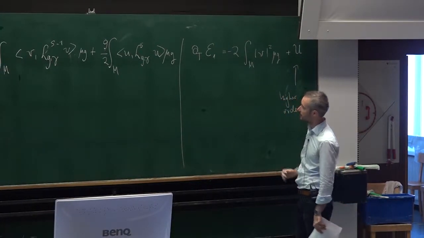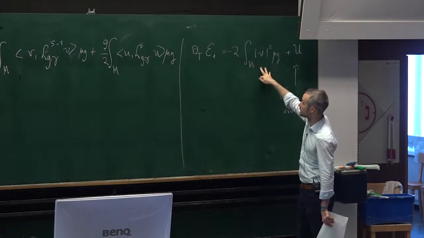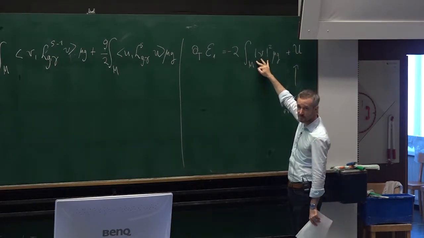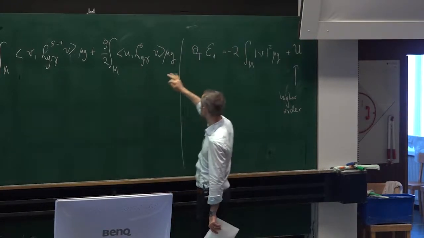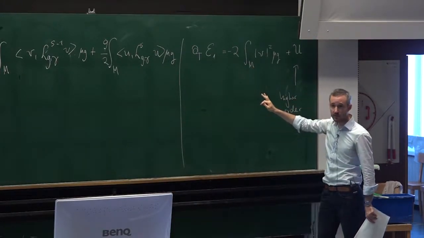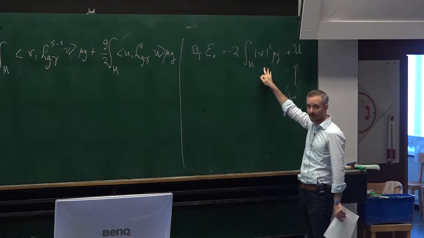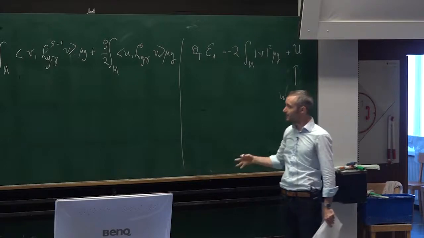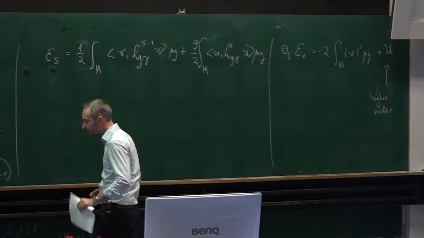This term is nice. It's a negative term, but the problem is it just gives me the v term. It does not give me the u term, so it does not give me the full energy. I want the E1 back on the right-hand side, but I'm not having it. That's the problem. So this energy seemingly does not obey a nice decay estimate.